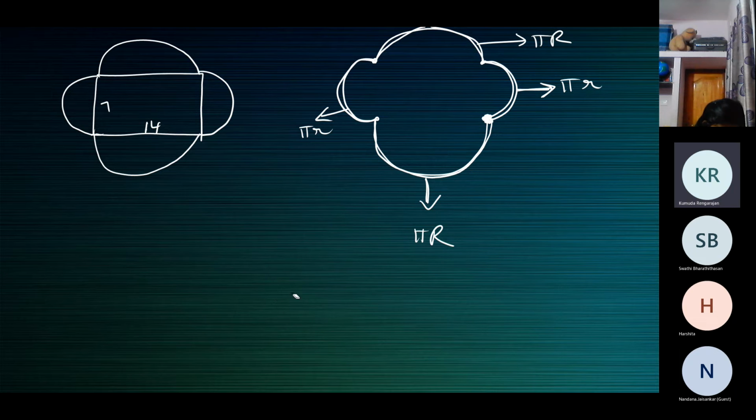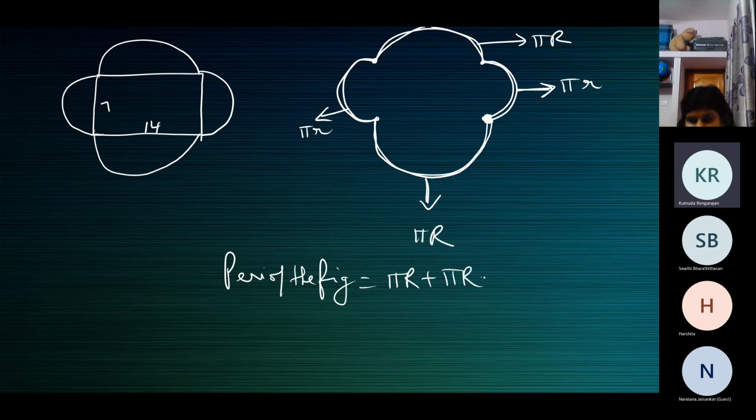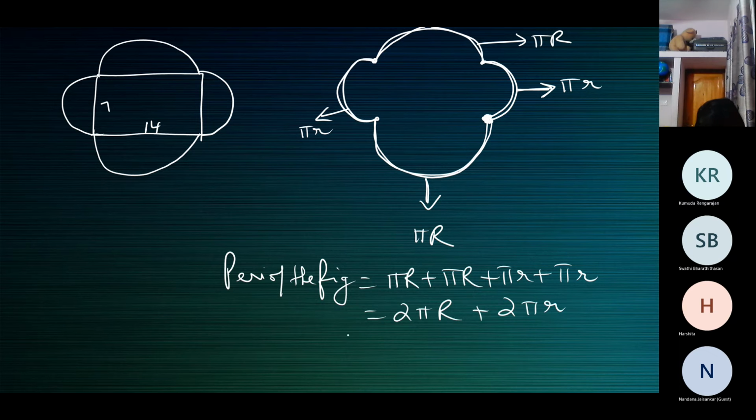So the perimeter of the figure is equal to pi r plus pi r plus pi r plus pi r, which is 2 pi R plus 2 pi r. See, you can even take out 2 pi common. Your calculation will become easier.